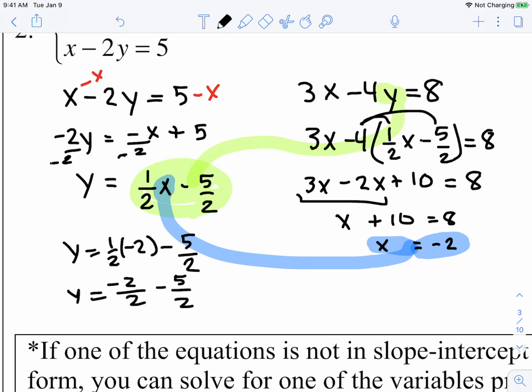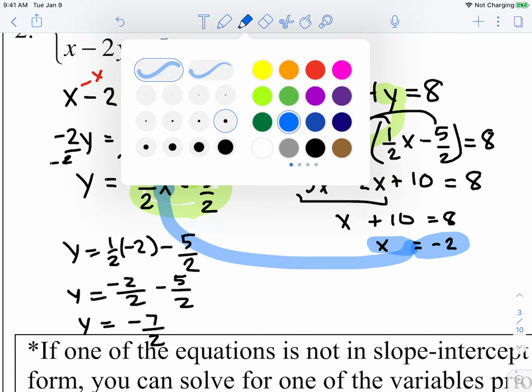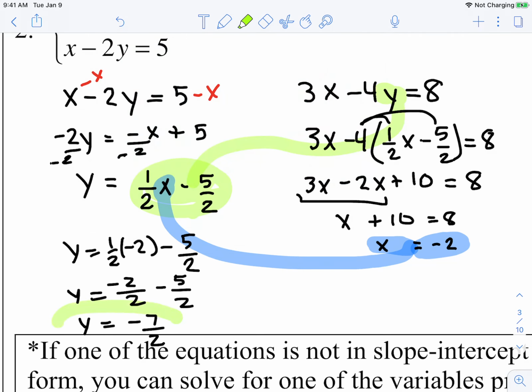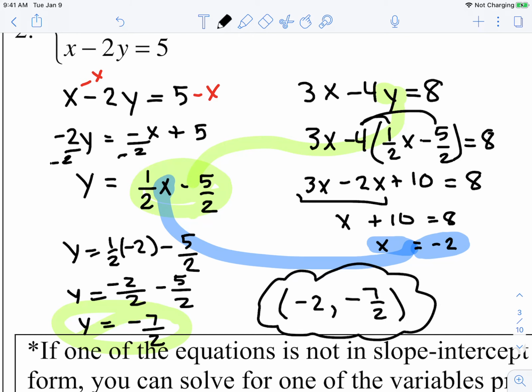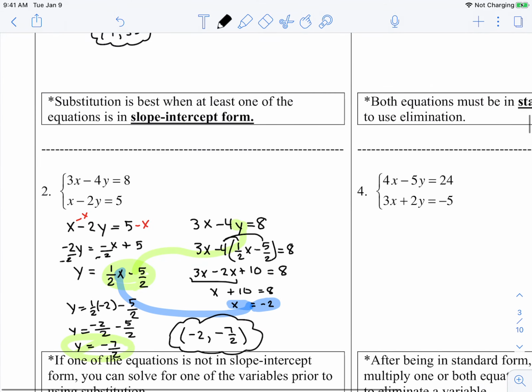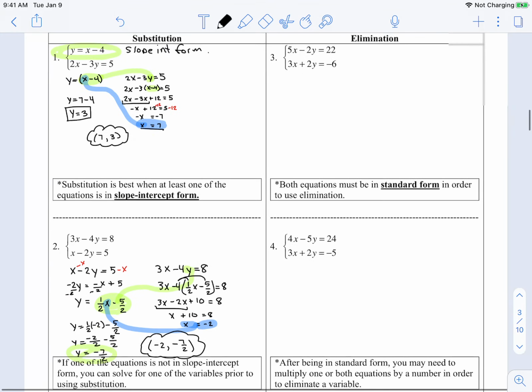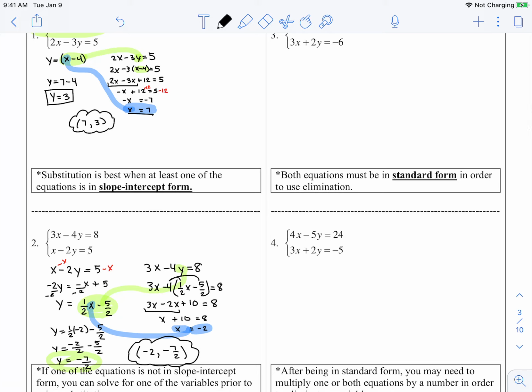And we can combine the numerators, right? Negative 2 plus negative 5 is negative 7. So we get an answer of negative 7 over 2. And guess what? Fractions are a-okay. So now we know what y is. So our answer for the solution for the system is negative 2, comma, negative 7 over 2. And that is how we do our substitution method. Okay?